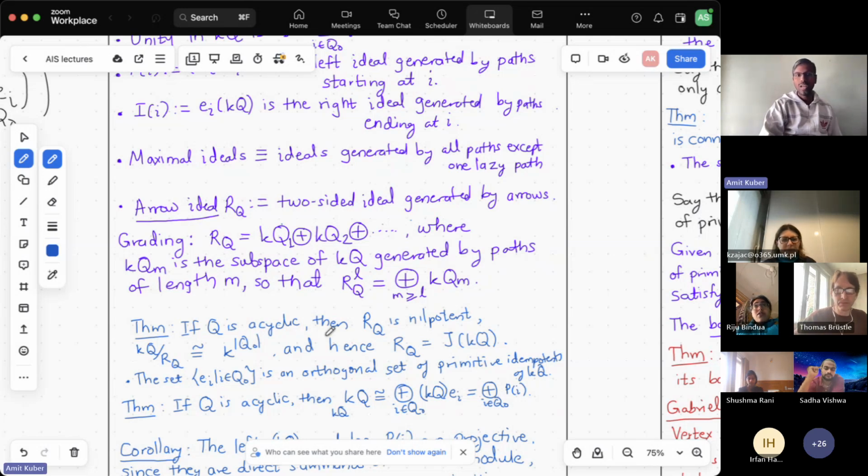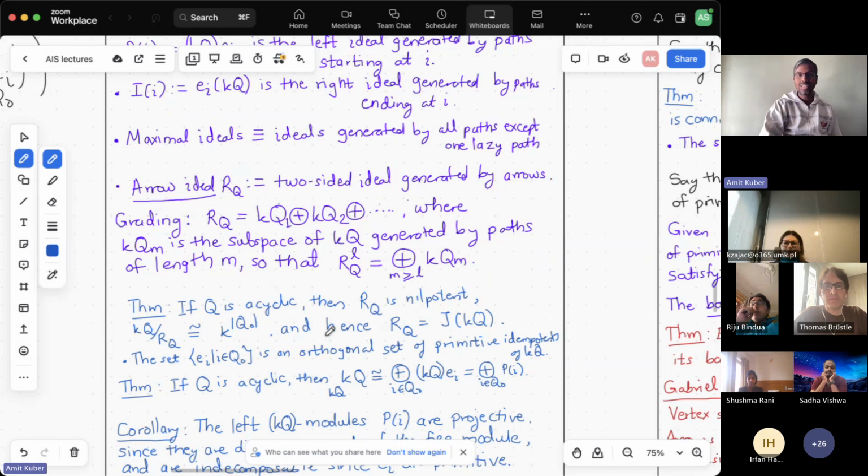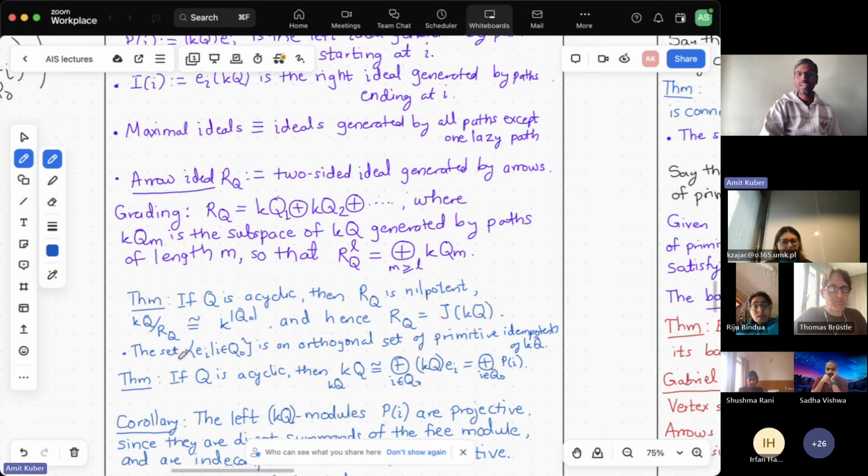So as we already discussed, the set E_i is a complete set of primitive orthogonal idempotents. One is equal to the summation of E_i, and you can break it down. As a consequence, we see that the left regular module KQ can be decomposed as the sum of indecomposable projectives P_i.